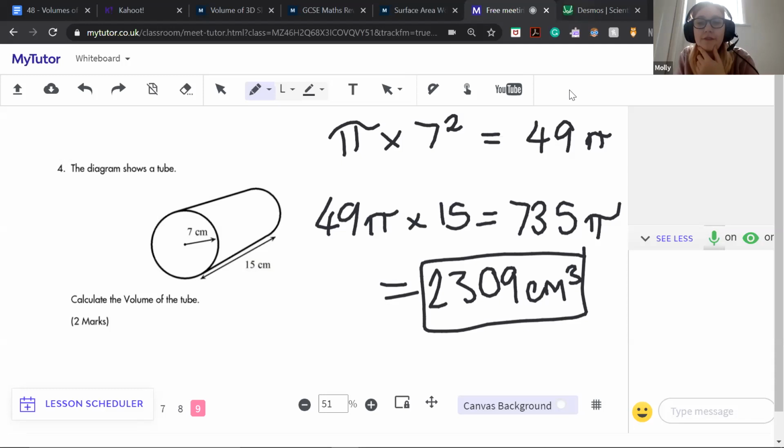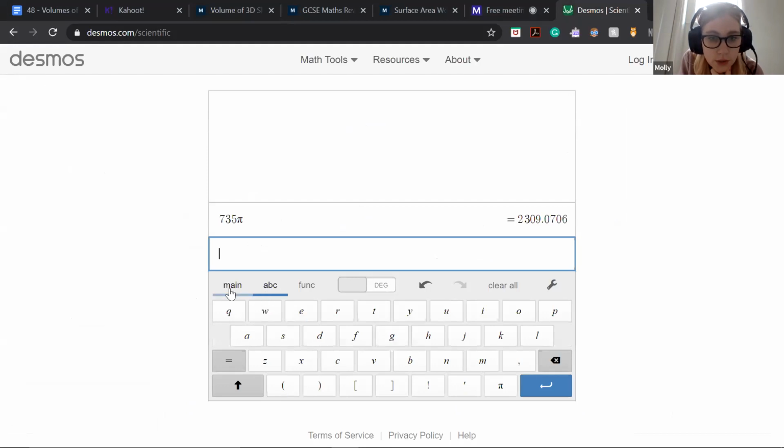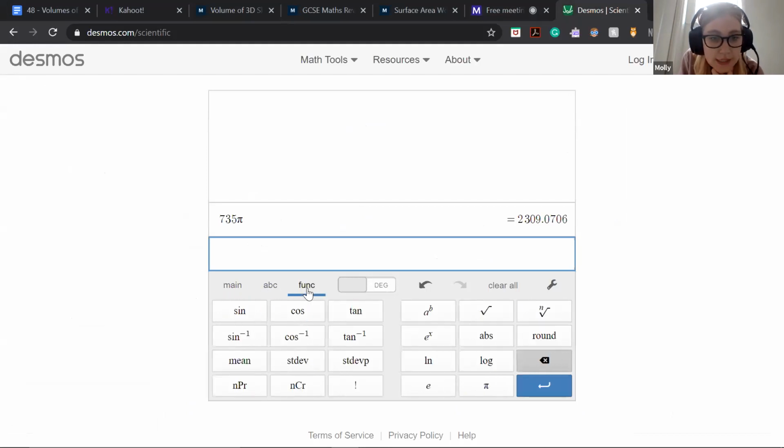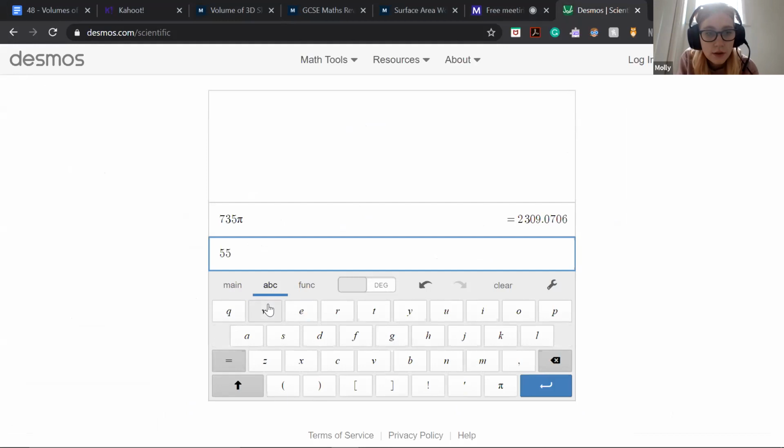Someone asked, can you save variables in this Desmos calculator? That's a very good question, actually. Gosh, possibly. I know that it saves your answer. Let's have a quick look. If I try saving something. No, I think that's just literally typing.